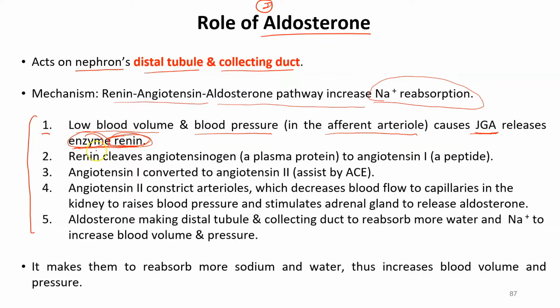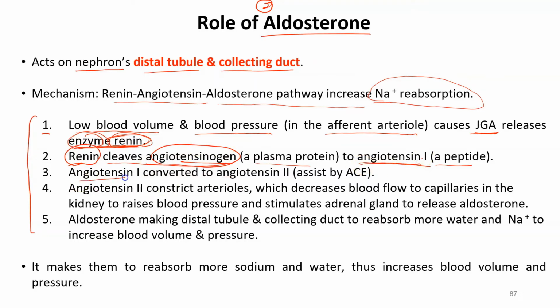So the renin produced will cleave angiotensinogen, which is a plasma protein, to angiotensin 1, which is a peptide. So renin cleaves angiotensinogen to angiotensin 1.